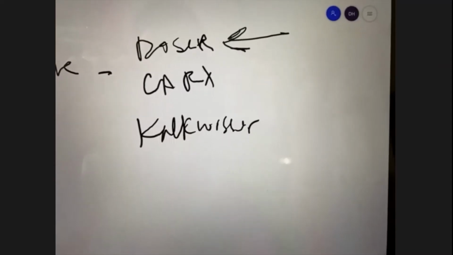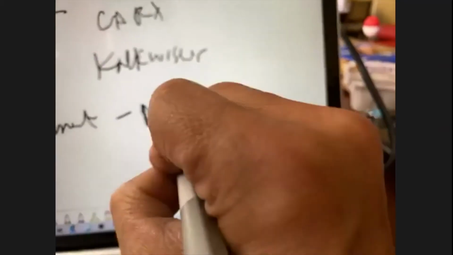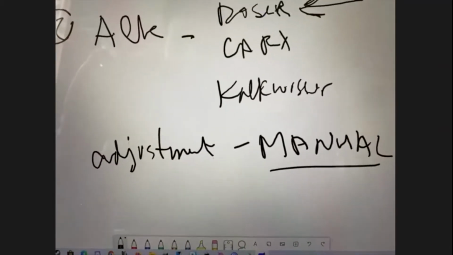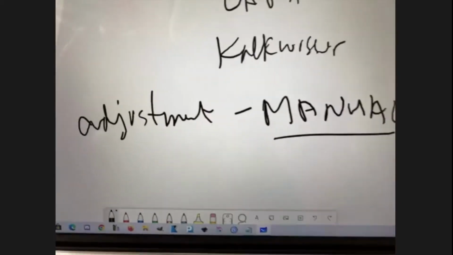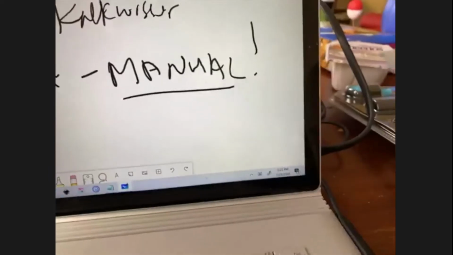You can either manual dose or you can do automatic dose. I recommend when you're doing an adjustment, do manual. Always. Do not set your dose up higher and let your alk run away with you. If you're going to adjust your alk up higher, always do manual.